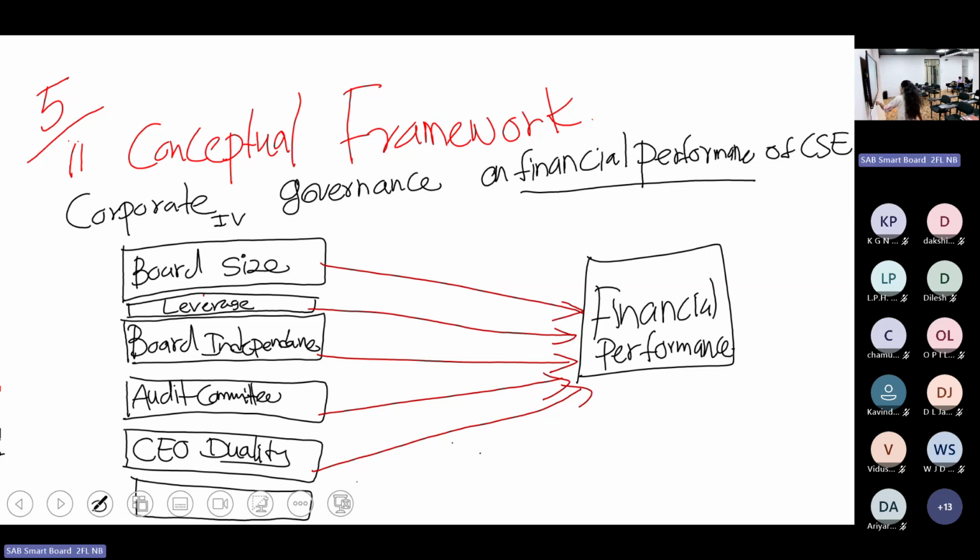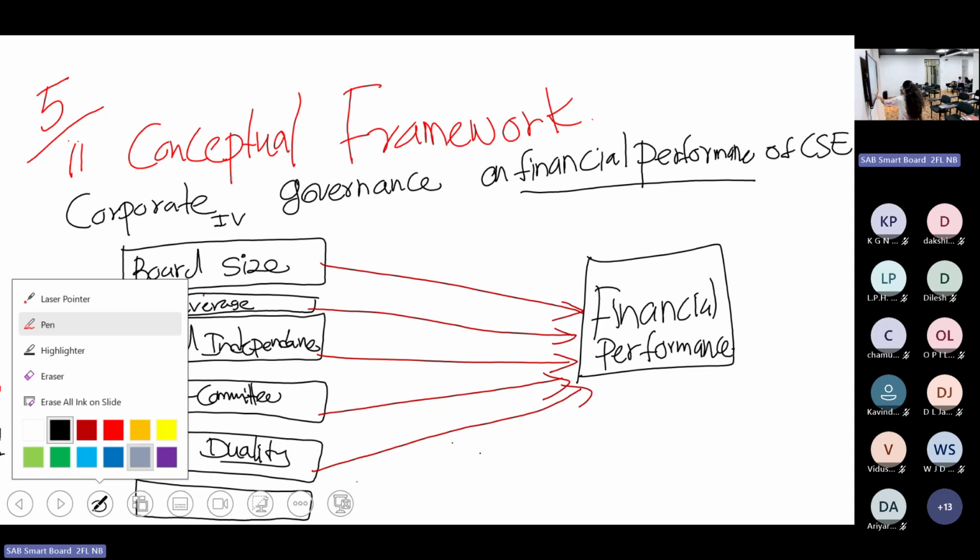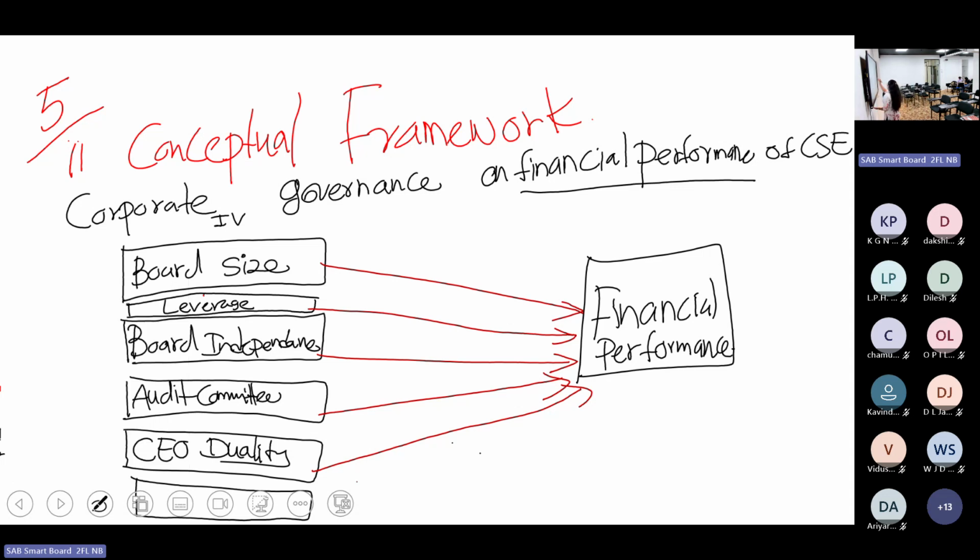Then you have to name each and every arrow. Normally these are hypothesis 1, hypothesis 2, H3, H4, and H5. Do you remember?